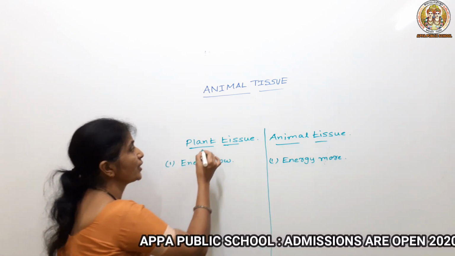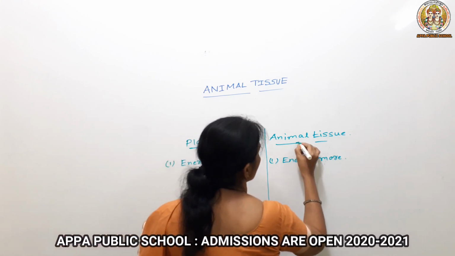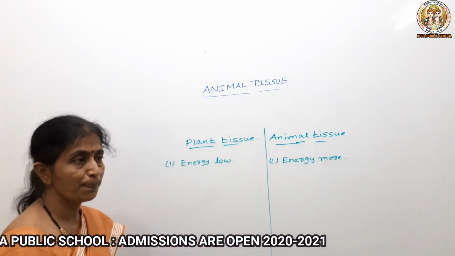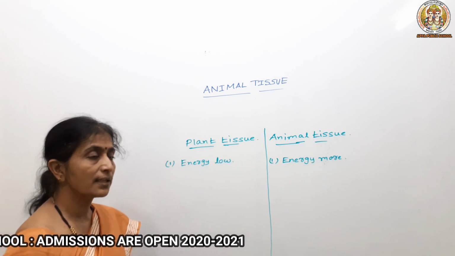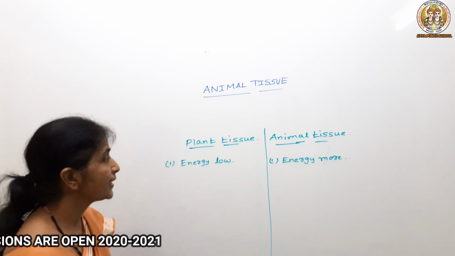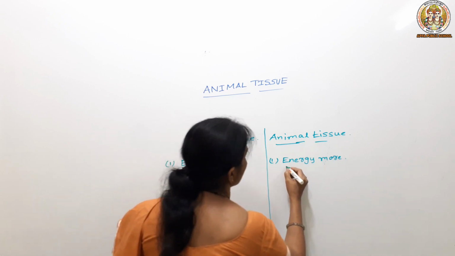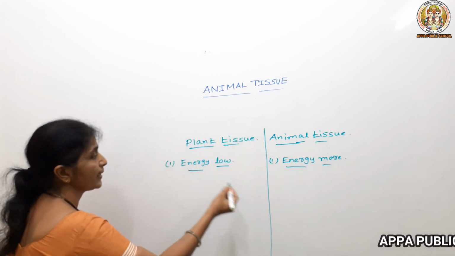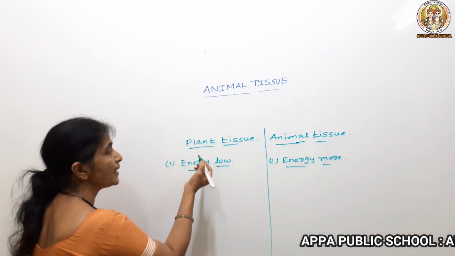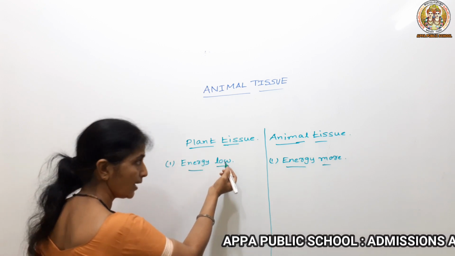So it is stationary. But animal tissue can move from one place to another place in search of food and shelter. That's why the energy required for the maintenance is more. But in case of the plant tissue, the energy required will be very low.